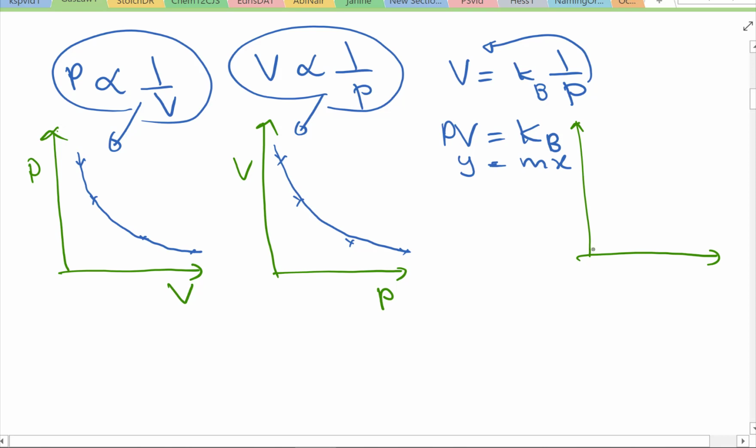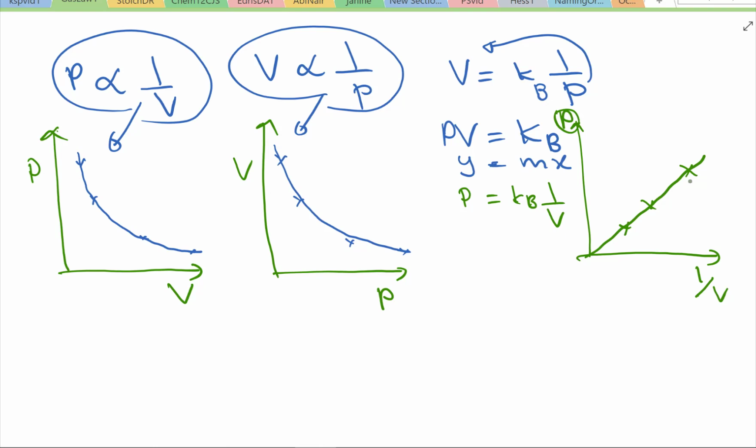So it's a linear relationship, and your y-axis should be P, the slope m is KB, and your x-axis is 1 over V. So y is mx is actually P is equal to KB times 1 over V, right?